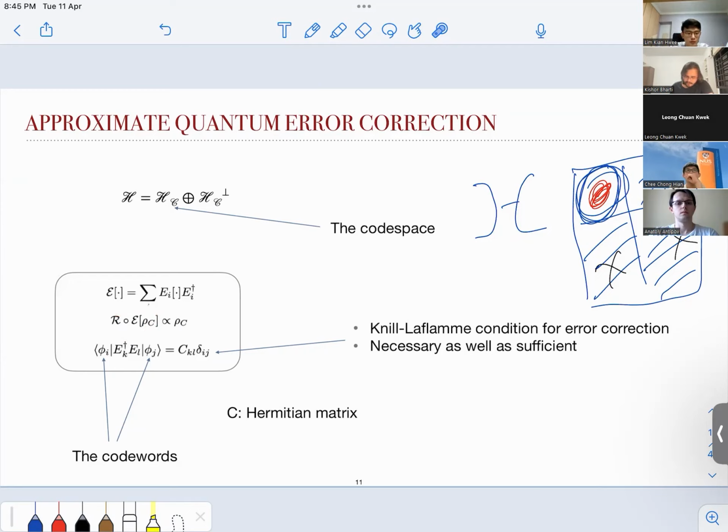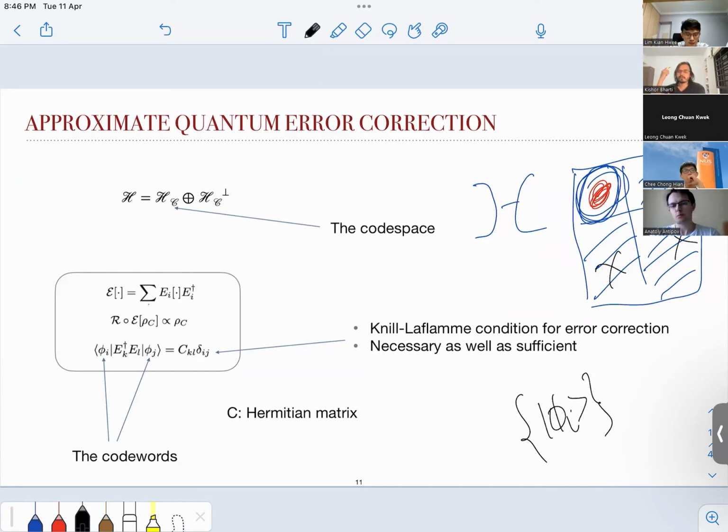In fact, Knill and Laflamme found the exact conditions, the necessary and sufficient conditions for error correction. Let's say these are your code words, your logical states 0, 1, 2.